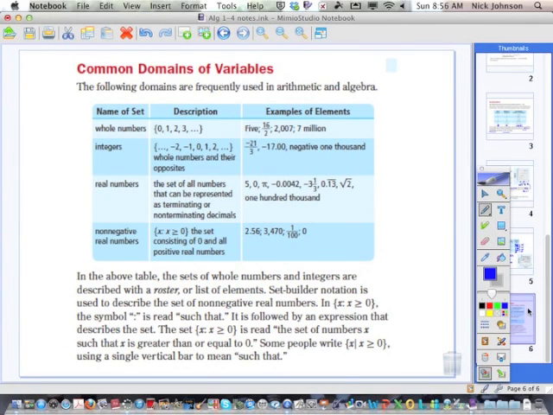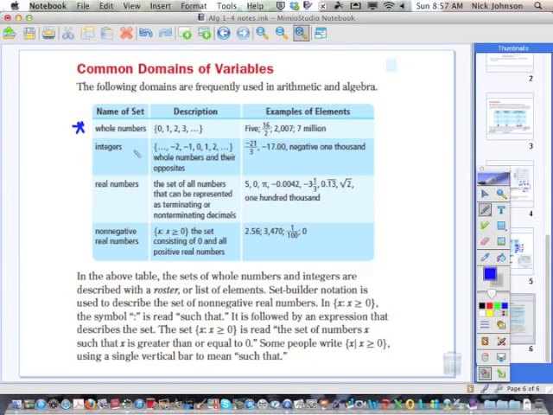Common domains of variables. The following domains are frequently used in arithmetic and algebra. Okay? Whole numbers. Whole numbers include 0, 1, 2, and 3, etc., etc. 5, 16 divided by 2 is actually 8, 2007, 7 million are all whole numbers.